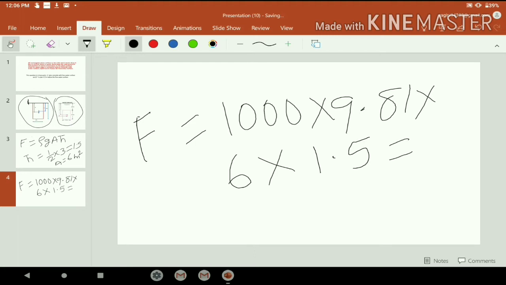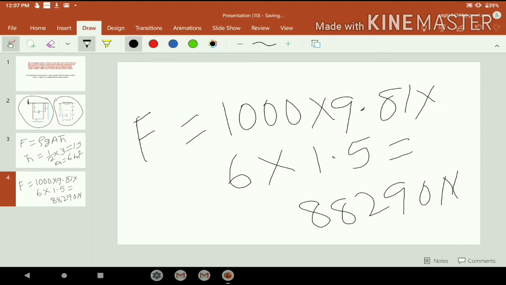Now calculate. After calculating this, we get 88290 Newton. This is the total force, the total pressure force acting on the plane.